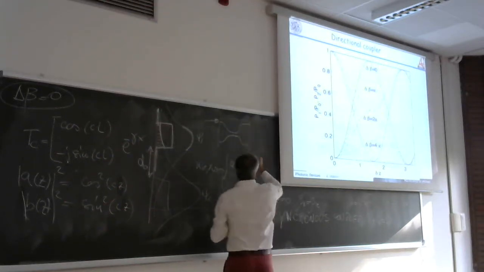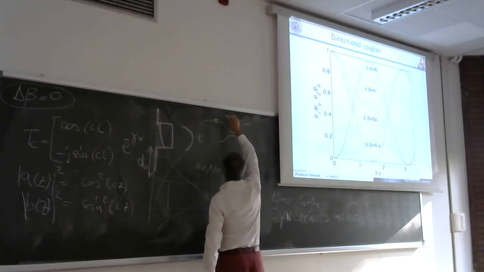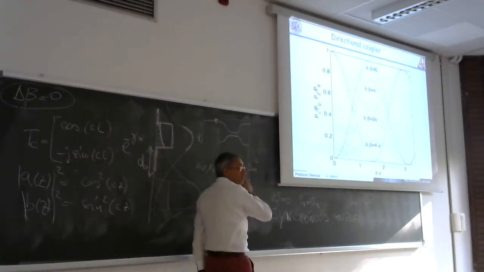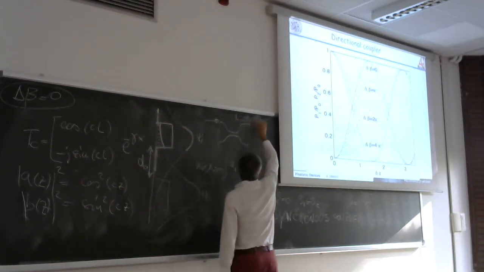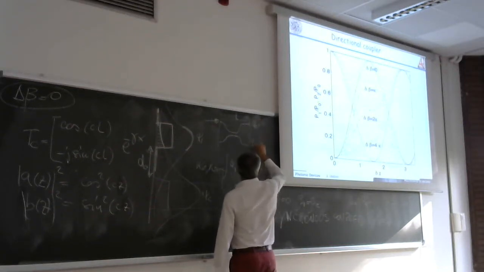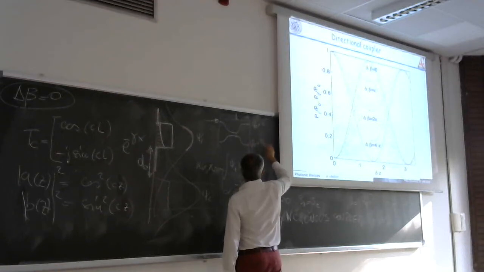So the phase at the output is something that depends on this length. Let's say phi 0 plus phi 0 plus half pi.